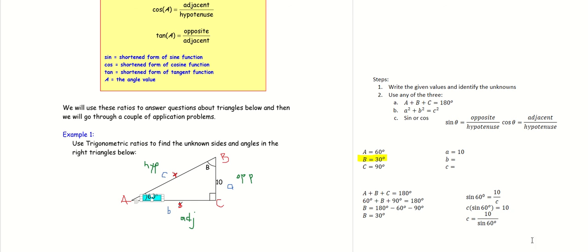Okay. And of course, using your calculator, you can just solve for 10 divided by sine 60.